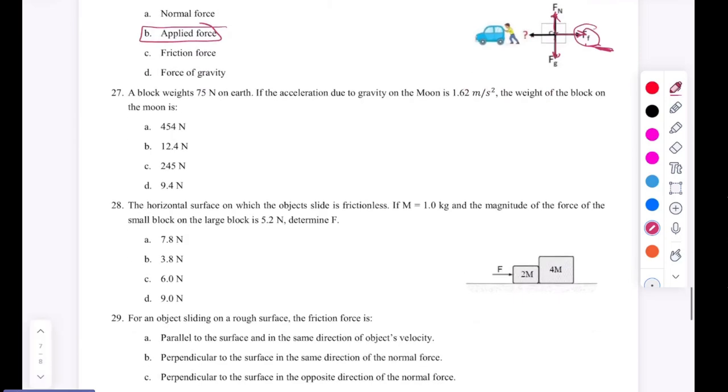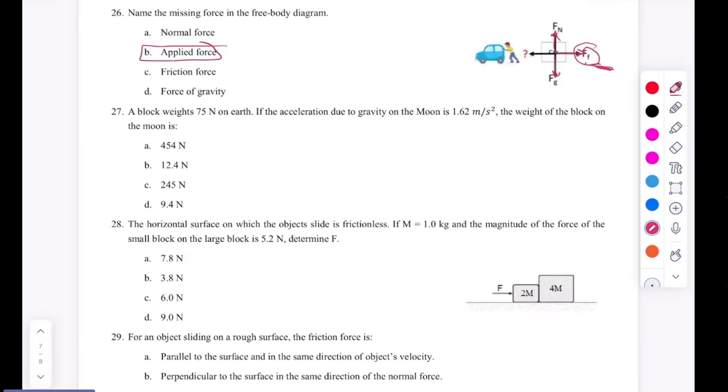Now the next question is a block of weight 75 Newton on Earth. If the acceleration due to gravity of the moon is 1.62, what is the weight of the block on the moon? How to find the weight? W equals mg. Simple.